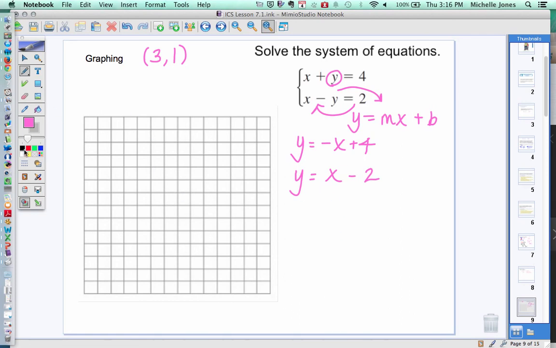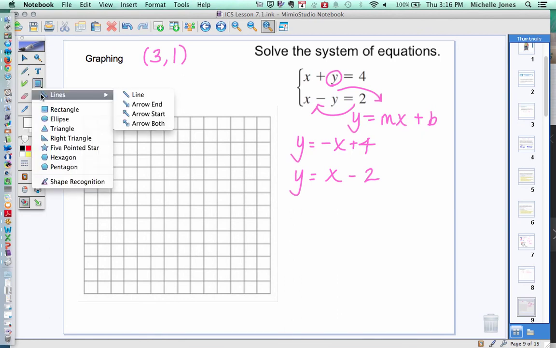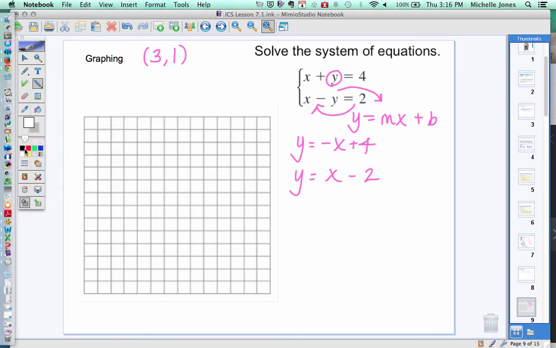All right, so let's graph. See if I can pull a line in here. So this is nice and straight. Do black. All right, so there is our y-axis and our x-axis. All right, so first equation.